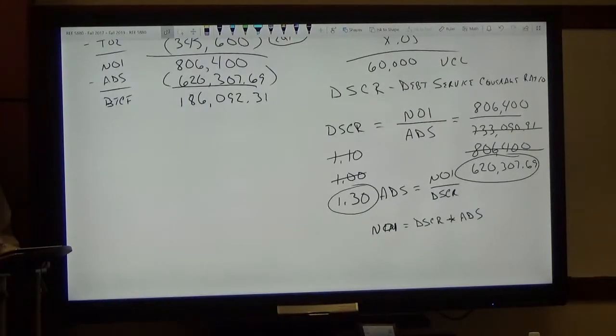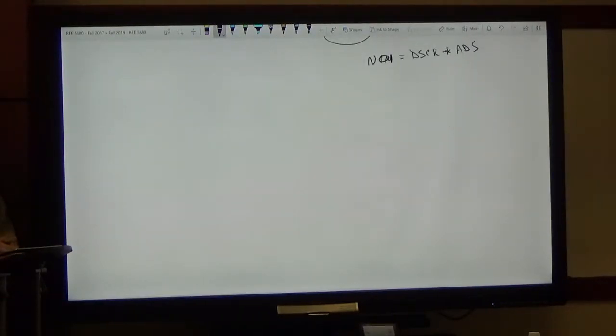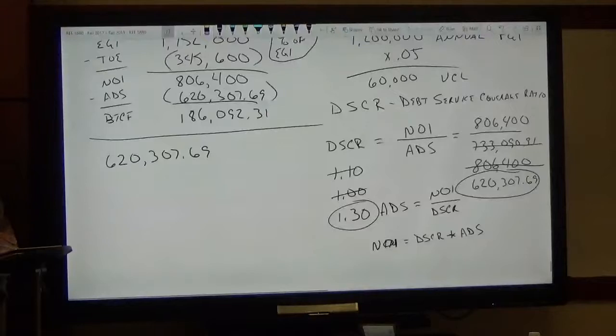That's before tax cash flow. So with our annual debt service of $620,307.69, as we said, that is annual. So let's make that monthly.